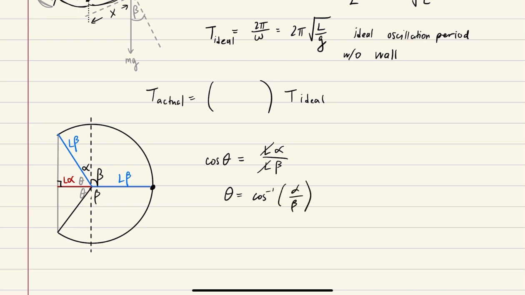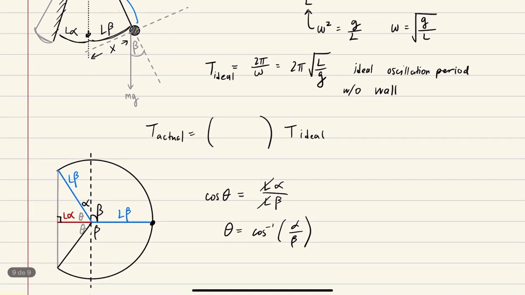Now if we return back to our previous statement, using this circle diagram, we can tell that the portion of the entire motion that our actual motion has is going to be 2 pi minus 2 theta, out of the entire motion, which is 2 pi.